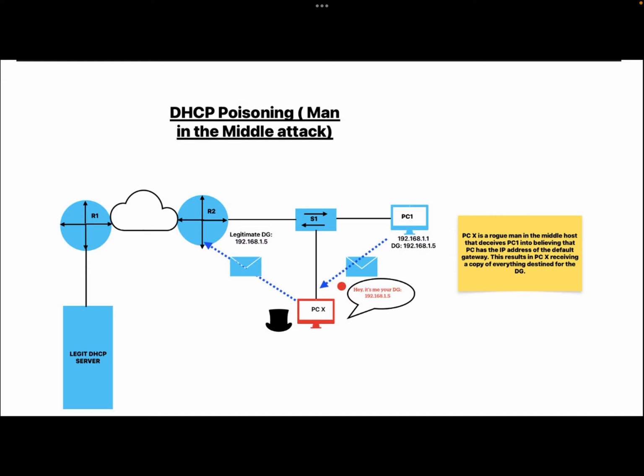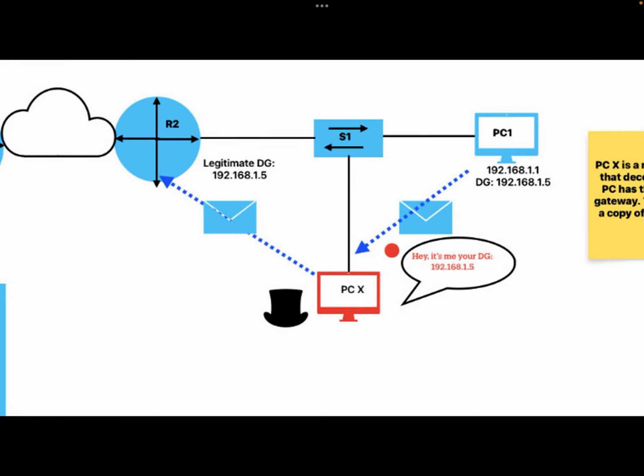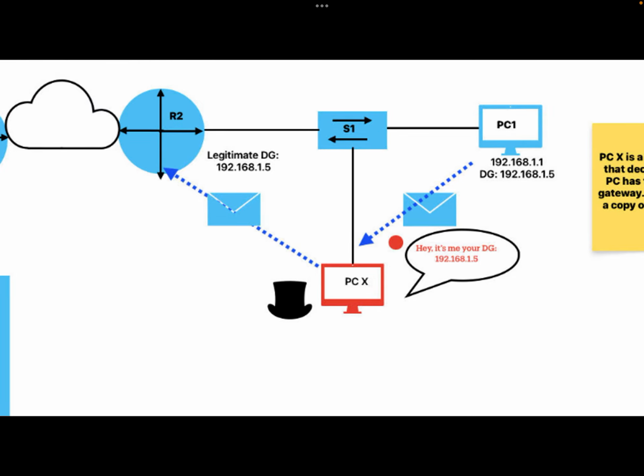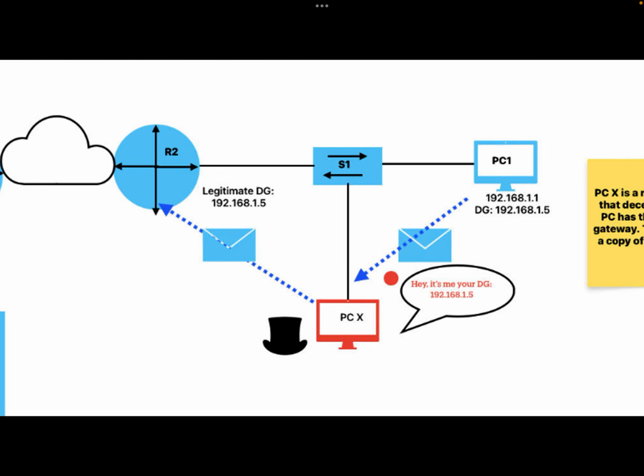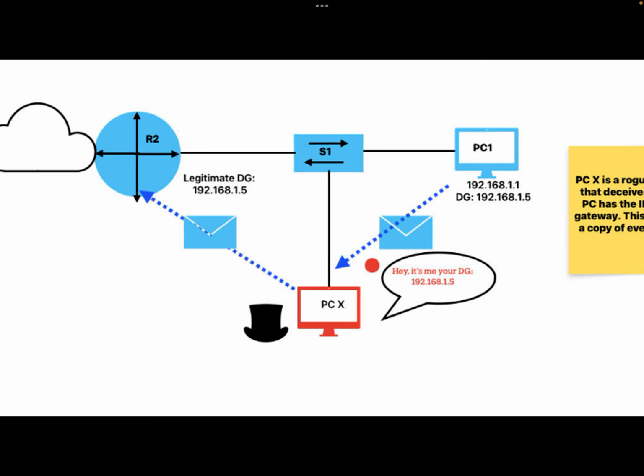So whilst everything does go to the default gateway, it's going through PCX, which is a major problem. You can think about this from an enterprise point of view. For example, you had HR. So you had a disgruntled employee who's PCX, who deceives the HR administrator into believing that PCX is the default gateway.